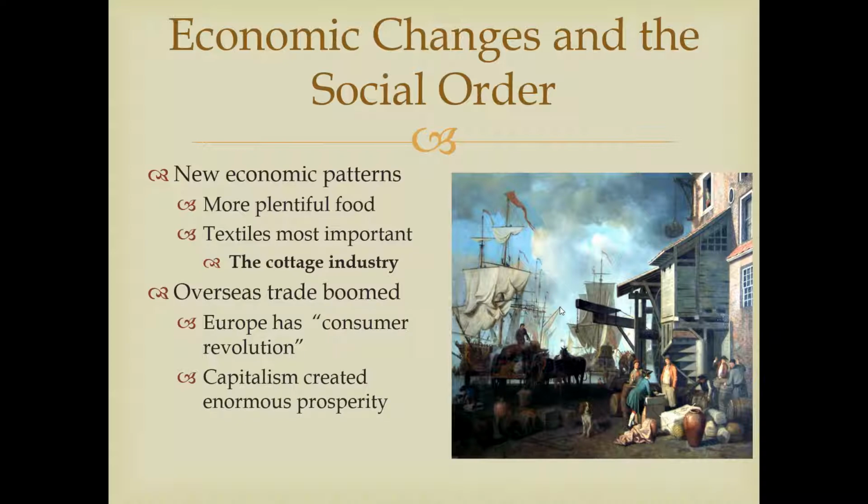So in this case, you start seeing the countries move away from mercantilism and move into a much freer capitalist society, and this creates enormous prosperity, especially among businesses.